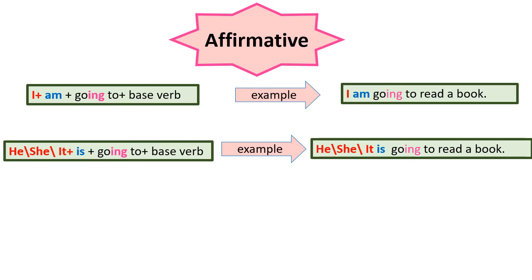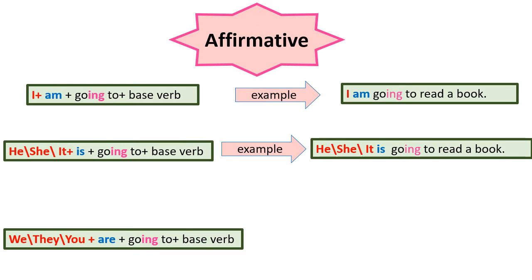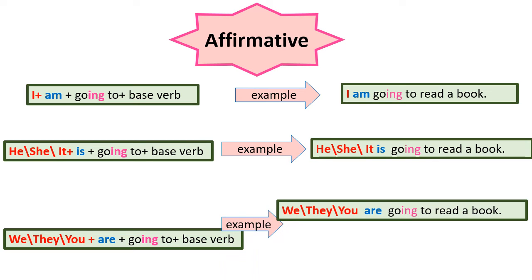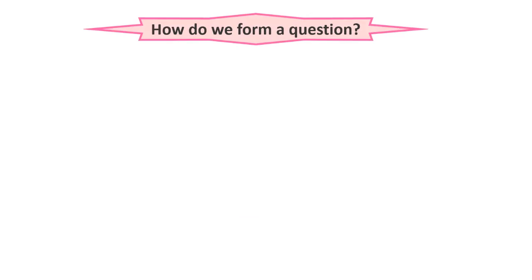She is going to read a book, or he is going to read a book. For we, they, and you, we put "are". We are going to read a book. They are going to read a book. You are going to read a book. So this is affirmative.